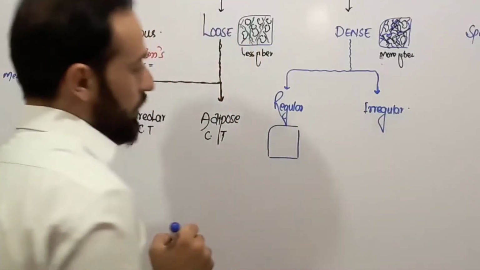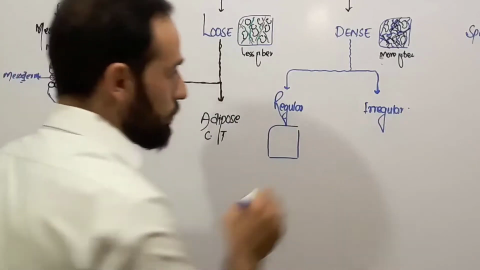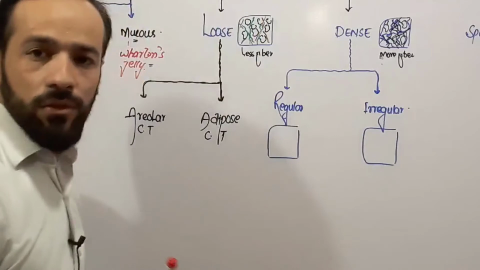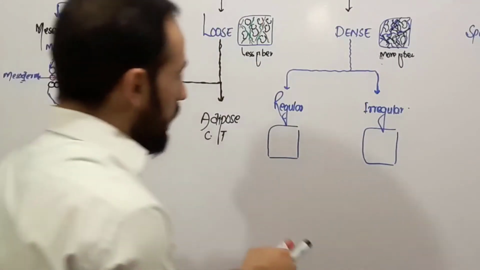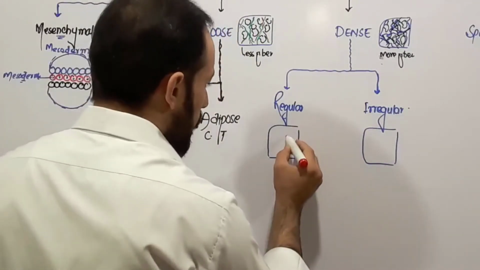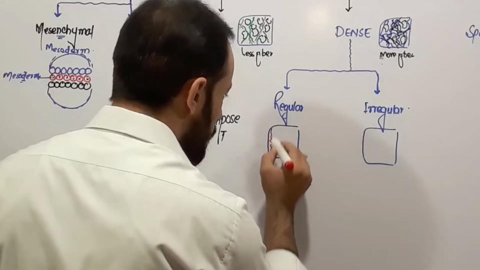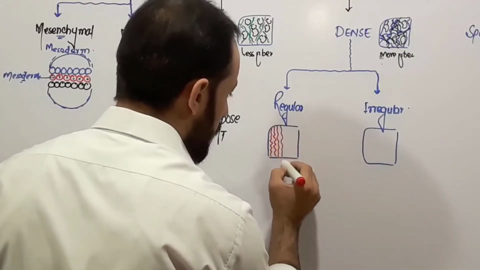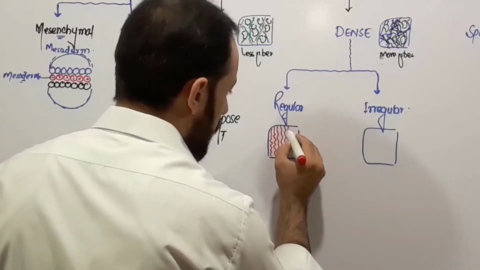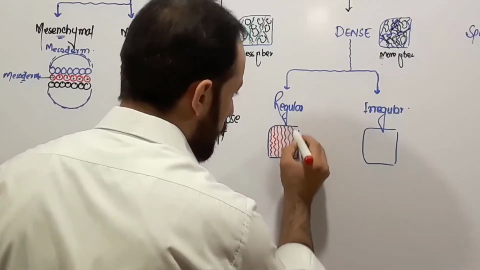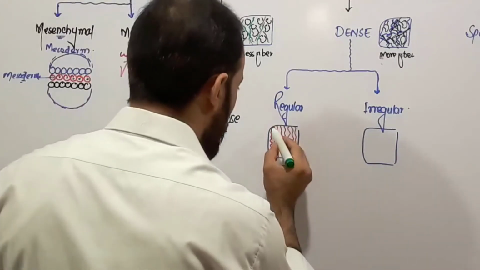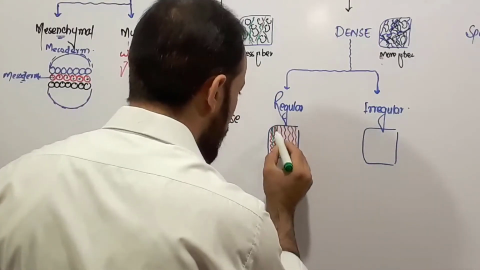Look, this is a piece of regular dense connective tissue and this is a piece of irregular dense connective tissue. So in regular dense connective tissue, the fibers are arranged in a regular pattern. What did I say? I said that in dense regular connective tissue, the fibers have a regular pattern of arrangement.